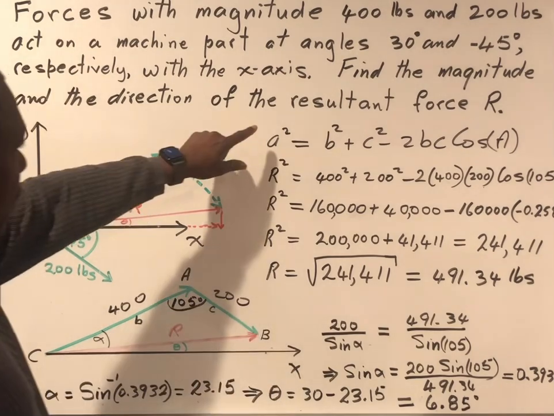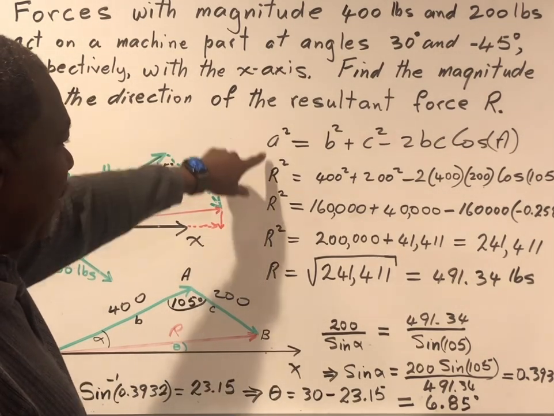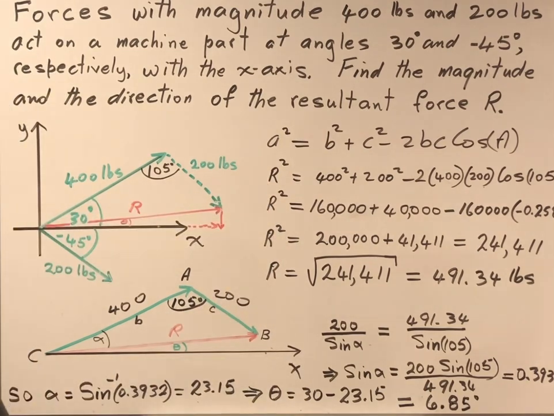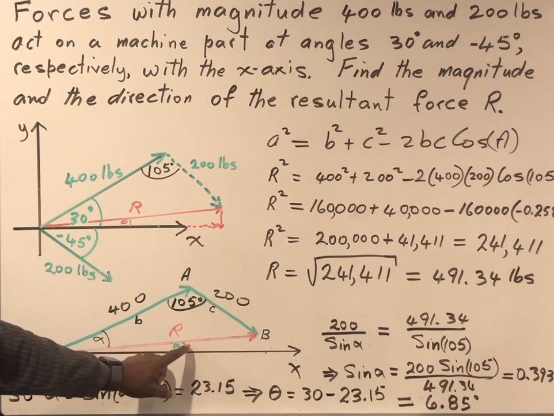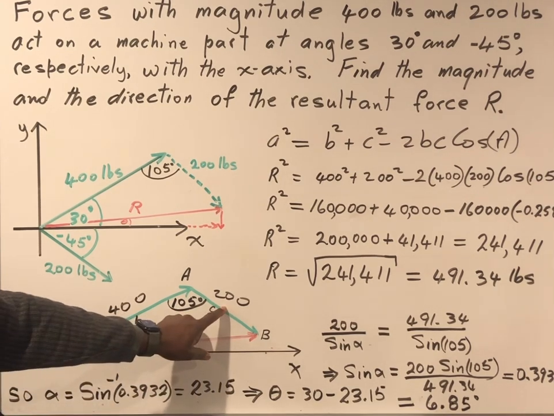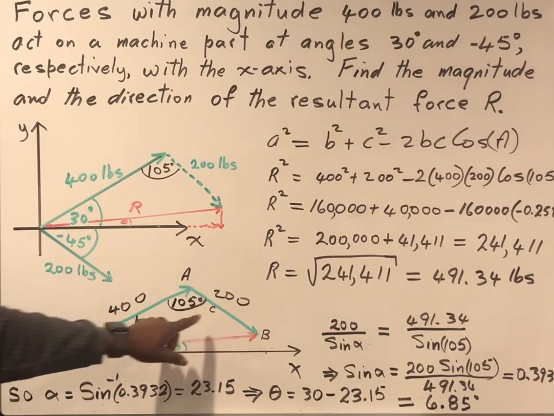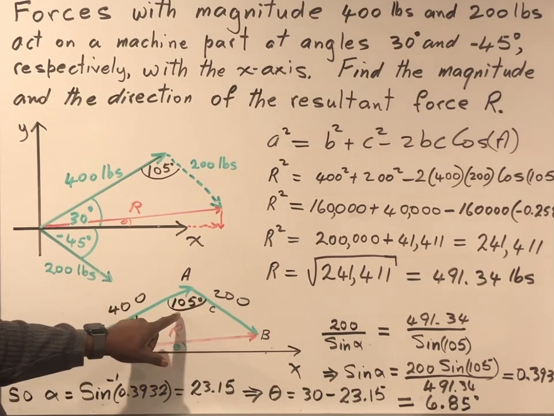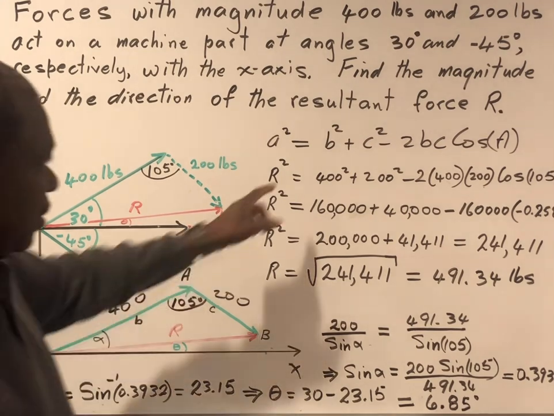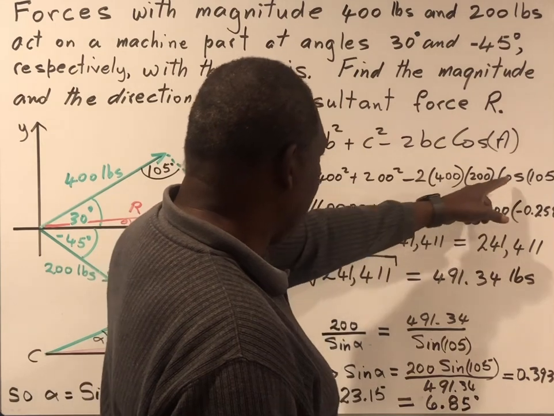So we apply the law of cosines to solve for R. The law of cosines tells me that a squared is equal to b squared plus c squared minus 2 times b times c times the cosine of 105 degrees. And so we have here the law of cosines.